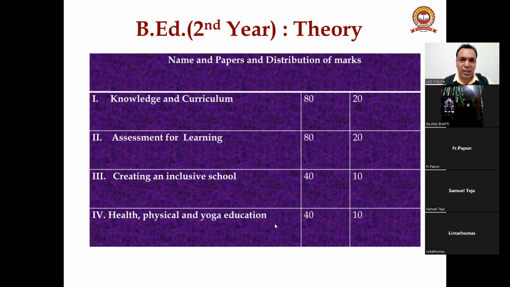The first 2 papers are of 3 hours and 100 marks, and the last 2 papers, third and fourth, are of 50 marks, and you have to appear for 1.5 hours, right, guys? So creating an inclusive school, 40 marks and 10 marks of internal assessment. Again, health, physical and yoga, 40 marks theory and 10 marks of internal assessment.